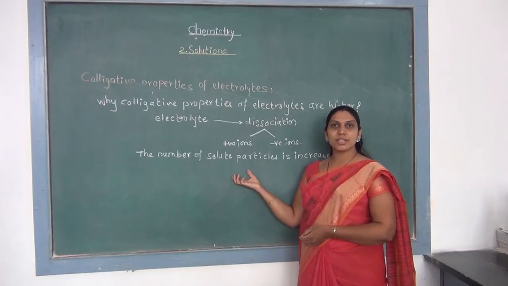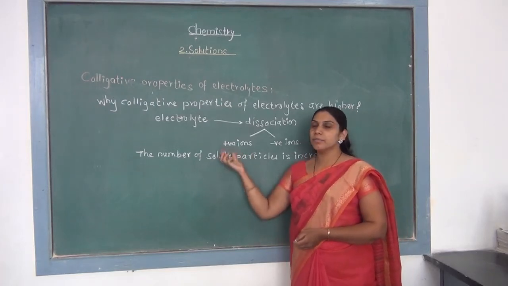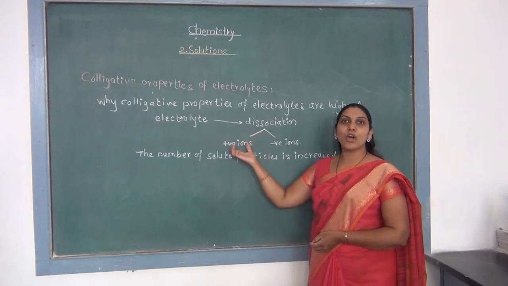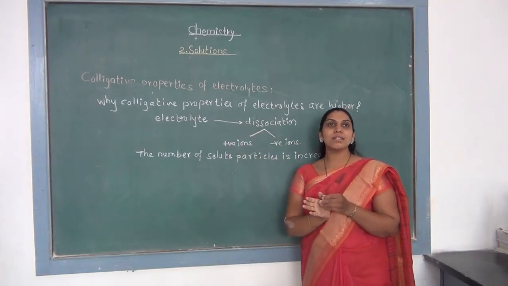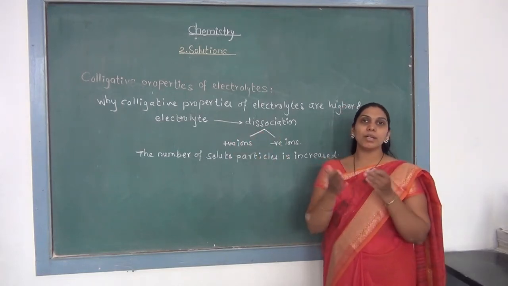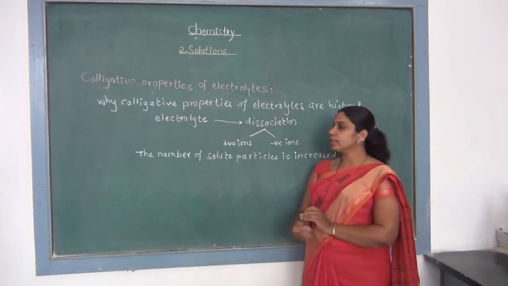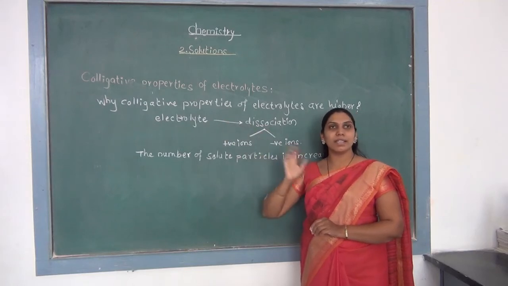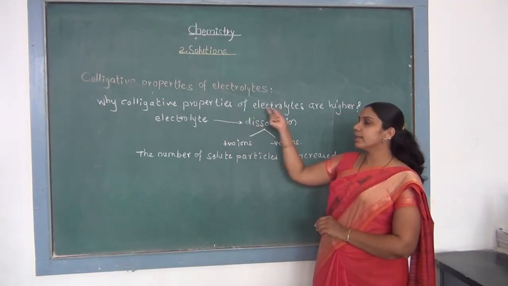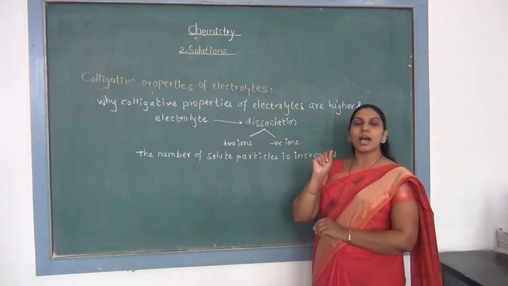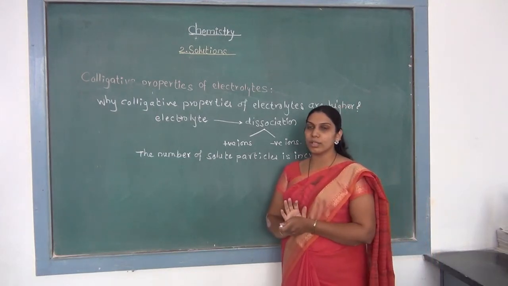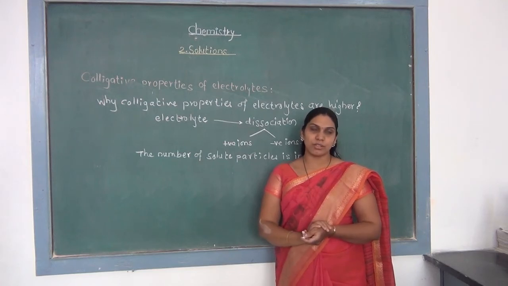The electrolyte undergoes dissociation, so it forms different ions. As the ions are formed, the number of solute particles is increased, and hence the colligative property also increases. Therefore, the colligative properties of electrolytes are higher than the colligative properties of non-electrolytes having the same concentration.